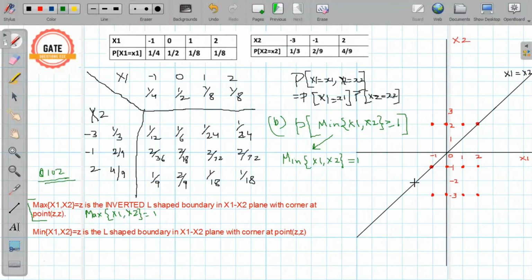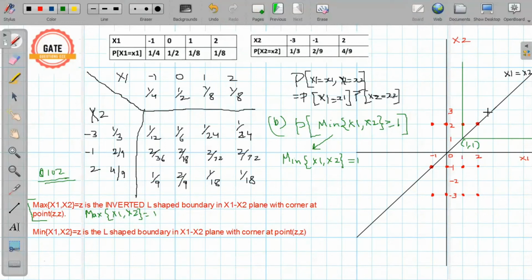We need to draw an L-shaped boundary here whose corner will be at 1 comma 1. So I will now draw that boundary here. So this corner is 1 comma 1. So this is the L-shaped boundary for this equation.